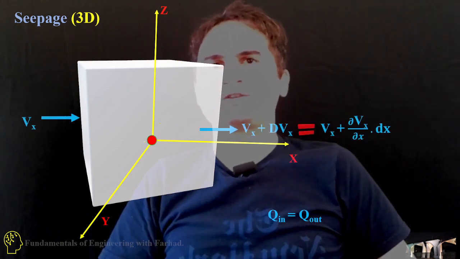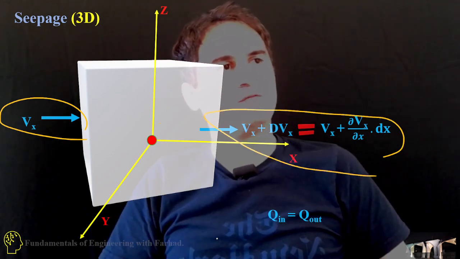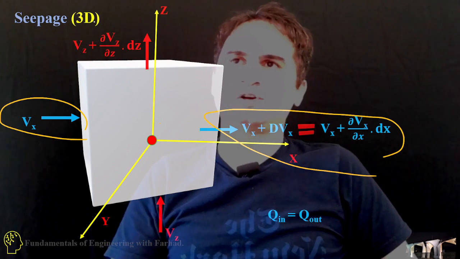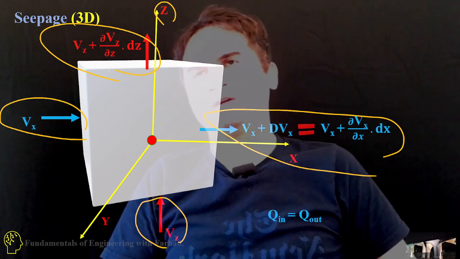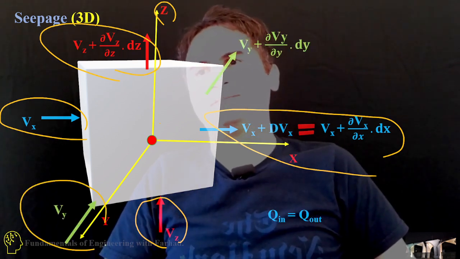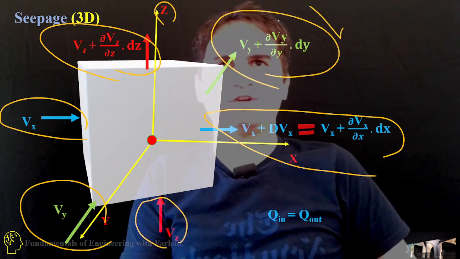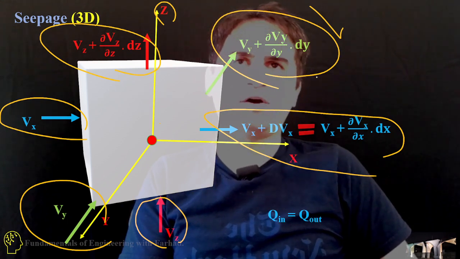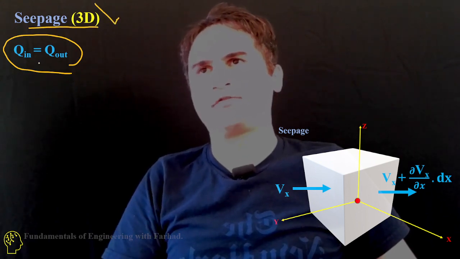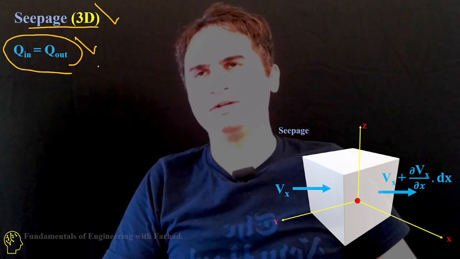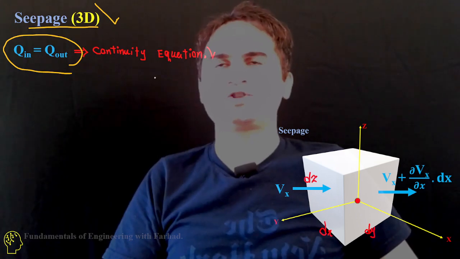If we create the same pattern of equation for the other dimensions, y and z, there is a vz coming from the z direction, and there is a change when velocity goes out, and likewise vy changes: partial derivation of vy over y times dy. That's seepage in 3D. Discharge coming in is equal to discharge going out, based on the continuity equation.